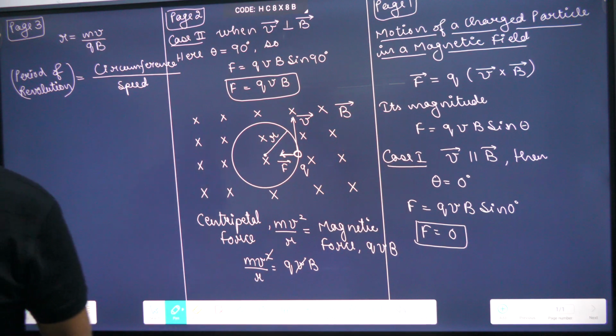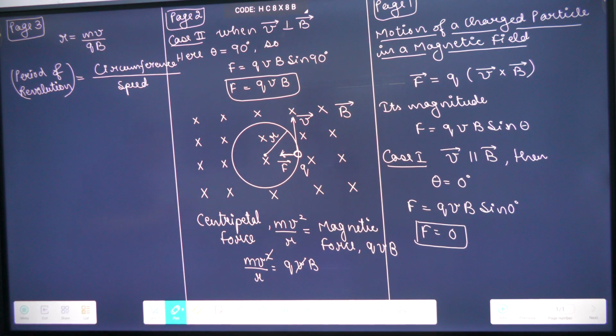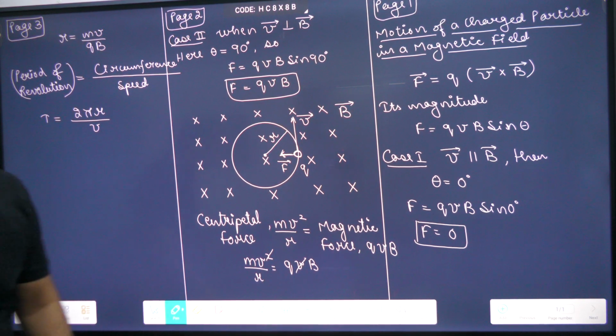What is period of revolution? We say it capital T. And what is the circumference of this circular path? It is 2 pi r. And the speed is v. So T is equal to 2 pi r upon v.